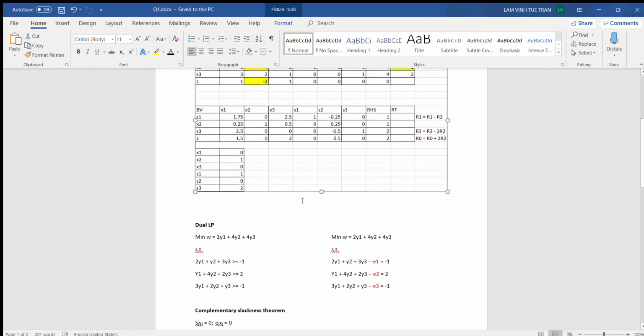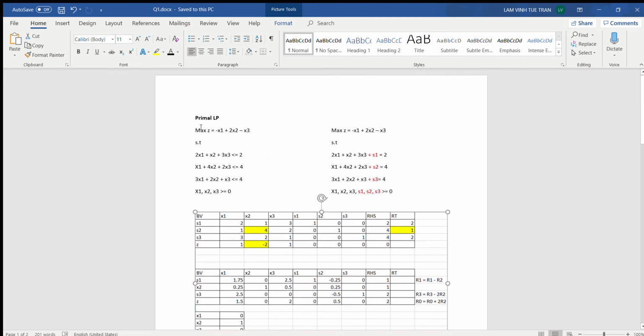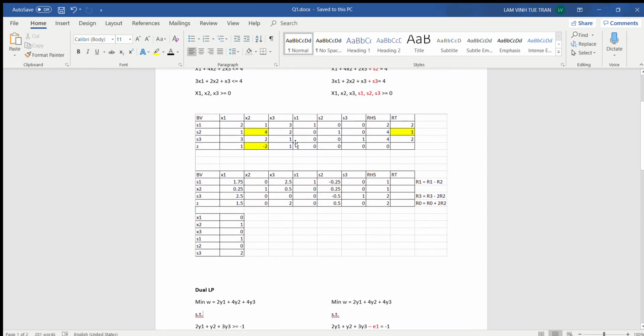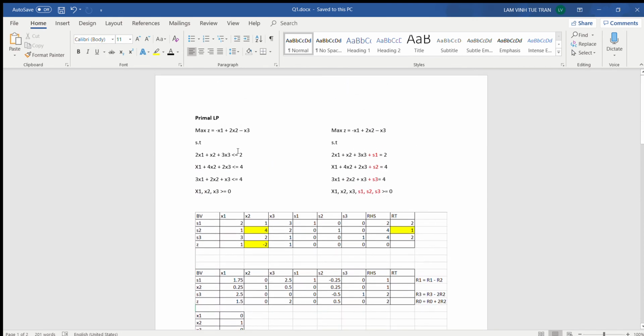So I generate the dual linear program based on the primal linear program. The primal linear program is a maximization problem, so the dual one is a minimization problem. On the right hand side of the primal one, we have 2, 4, 4.